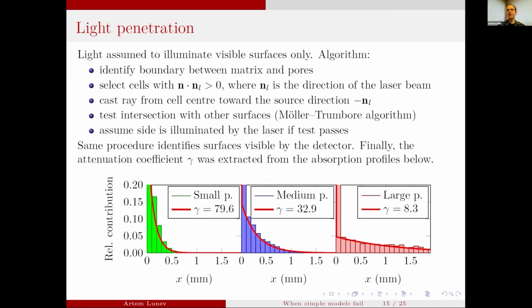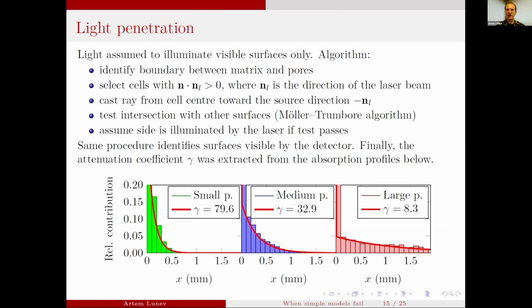So next, we also used a certain algorithm which we developed specifically to determine the visible surfaces from the illuminated side and also from the detector side. The algorithm is very simple. You identify the boundary between the matrix and the pores.